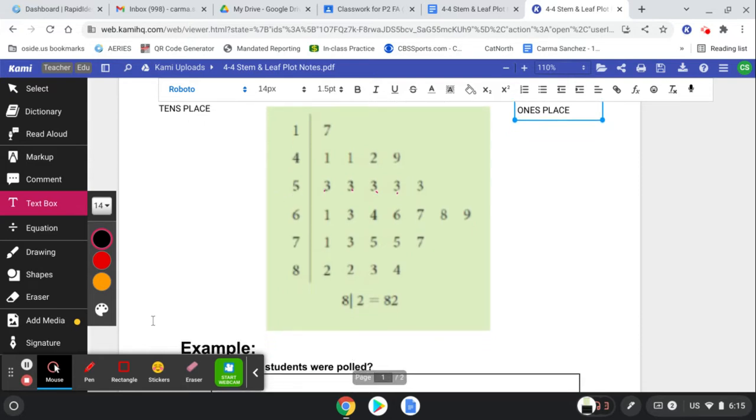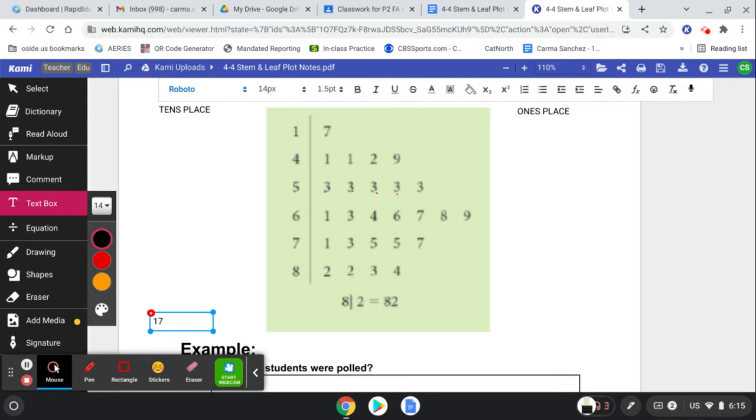And so if I wanted to write out the data in list form, this first one, the 1 and the 7, 1/7, that stands for 17. Then the 4/1, 41, 41 again, 42, 49, 53, 53, 53, 53.